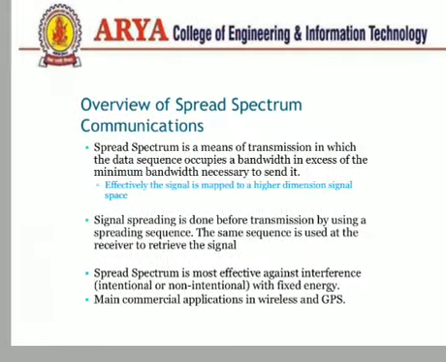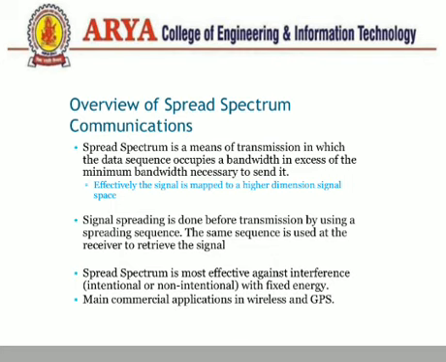Next, overview of spread spectrum communication. Spread spectrum is a means of transmission in which the data sequence occupies a bandwidth in excess of the minimum bandwidth necessary to send it. Effectively, the signal is mapped to a higher dimensional signal space.